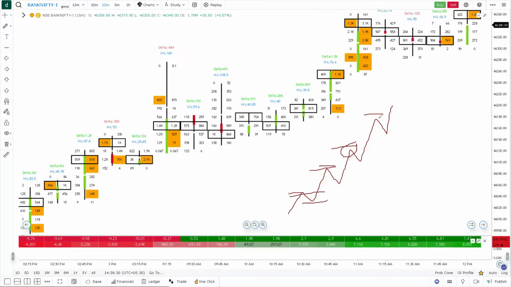At that point you have a clear cumulative delta divergence. It doesn't mean there will be an immediate reversal. You need to again look for whether the previous low is breaking or not. Here the low has been broken, and then you can take a trade below this.